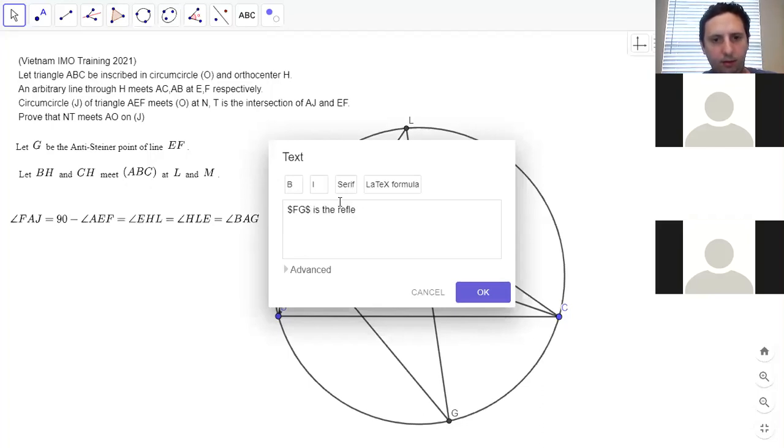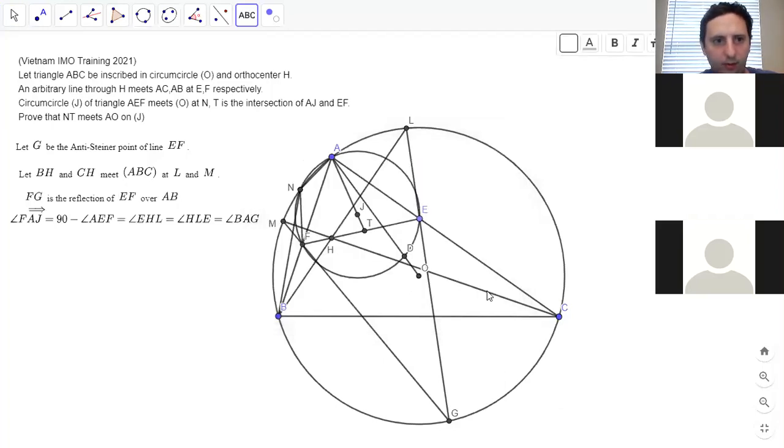I don't think we need Pascal. Do we need Pascal at all? Or is that just an angle chase?